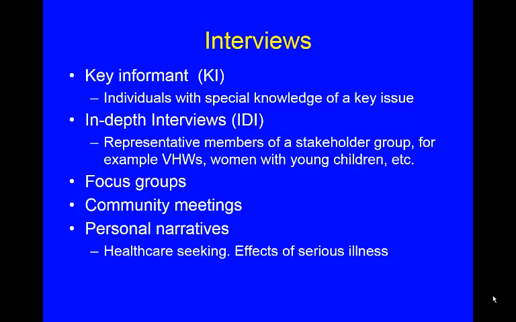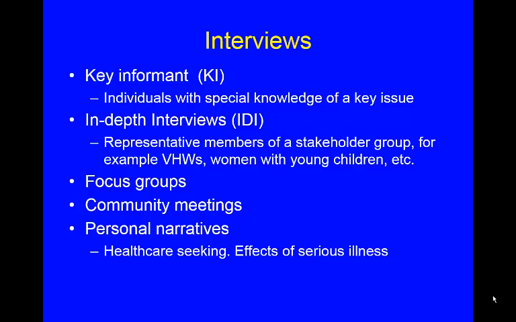This is one I've worked on quite a bit, which is asking people, well, okay, you had hypertension. What happened? Did you have to stop working? When you stopped working, what implications did that have for your household? Did other members of the household help you? Did you get support from your neighbours? So on and so forth.